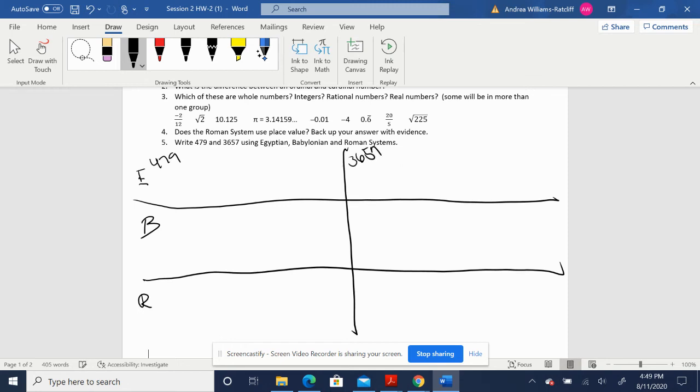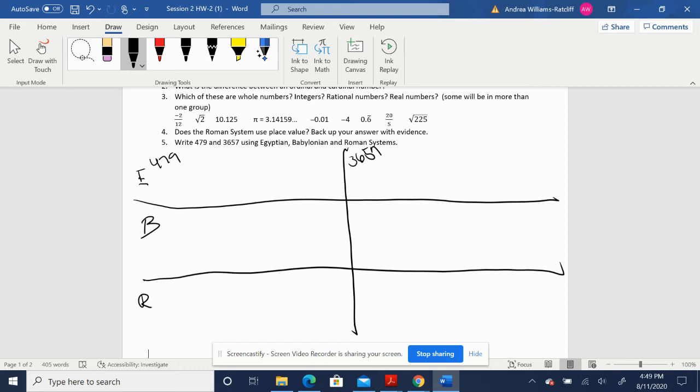for 3657. Okay, so to start with Egyptian first, the Egyptian symbols, hopefully that we're going to see these in class. We're going to talk about them. Okay, Egyptian symbols are pretty much a base 10 system. They use different symbols instead of like our system where we use the same digits to count over and over again, but we're looking at pretty much a base 10 system.